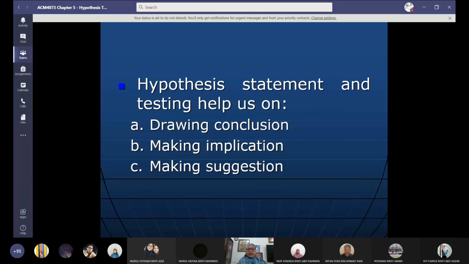Second, make implication. What does it imply? When we know that woman has higher self-esteem than man, then make suggestion. It can be suggested that if you want to employ a spokesperson, the woman is better for the employment than man. That is an example only.